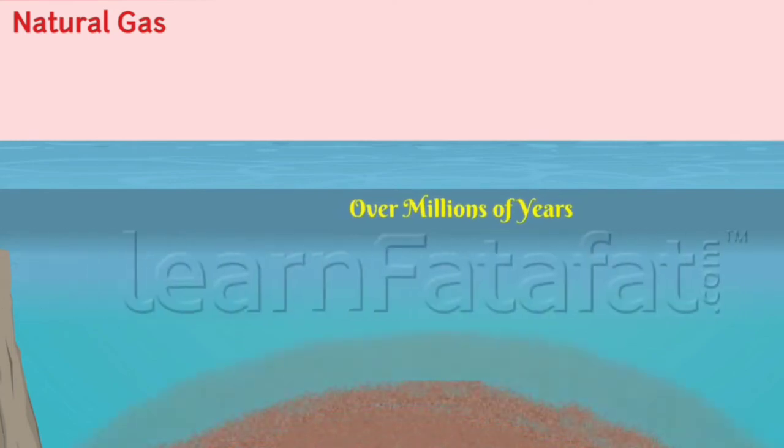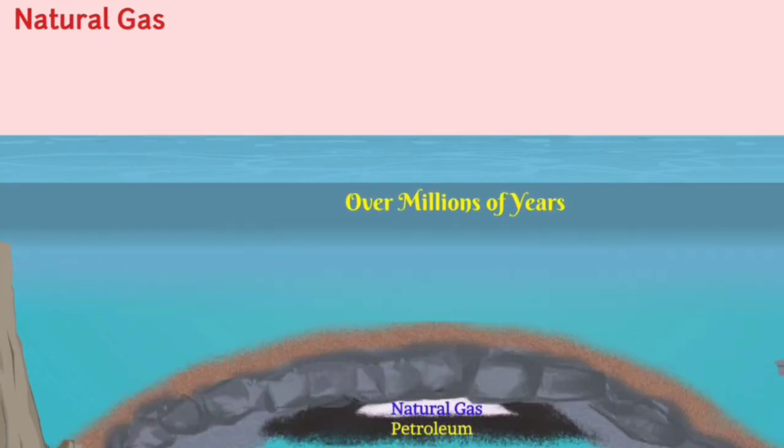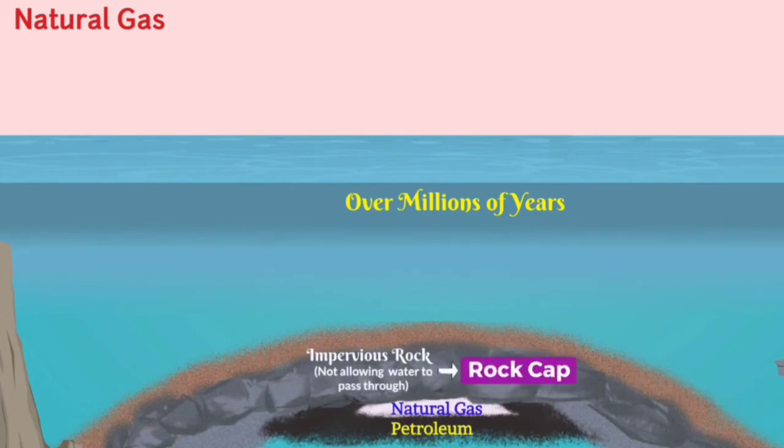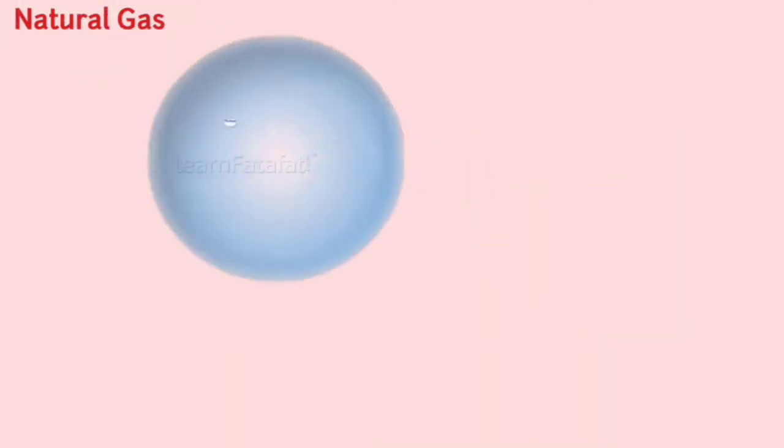Natural gas is formed during the decomposition of dead parts over millions of years into petroleum. It remains compressed above petroleum in impervious rocks called rock cap. Natural gas consists of methane, ethane, propane, and butane.